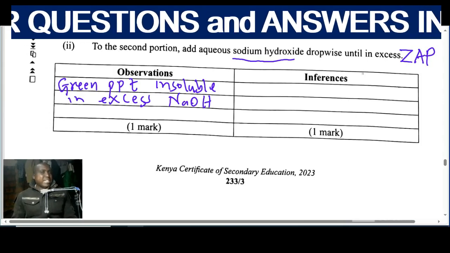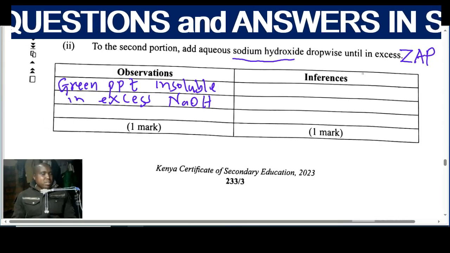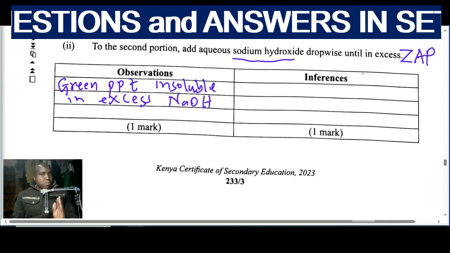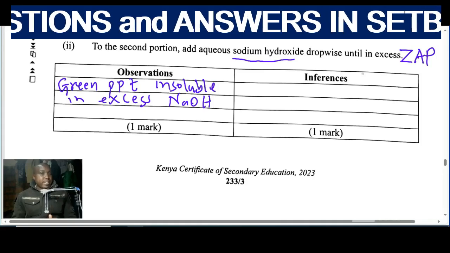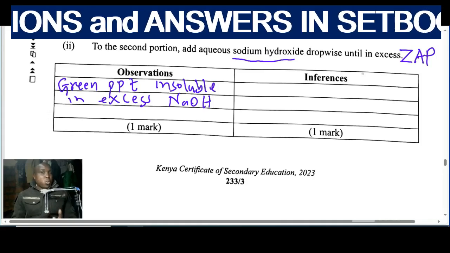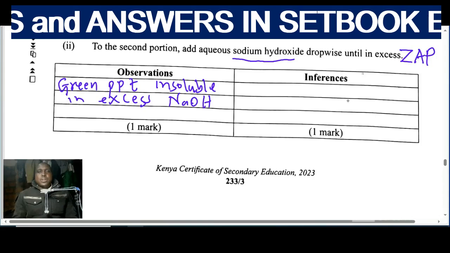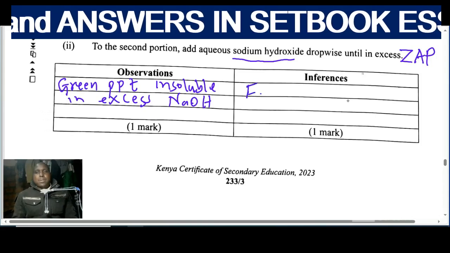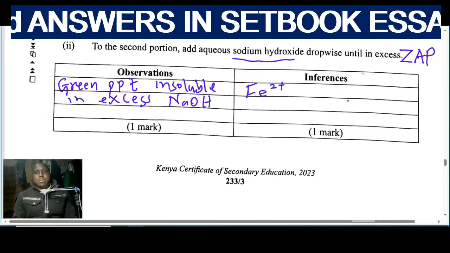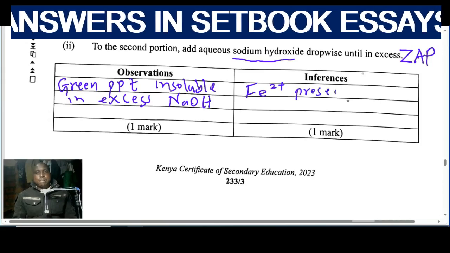So remember, green stands for iron 2, brown stands for iron 3, blue stands for copper 2. So this one was Fe2+ present.